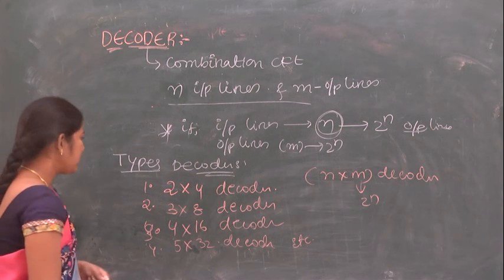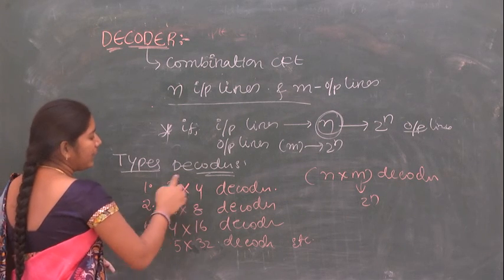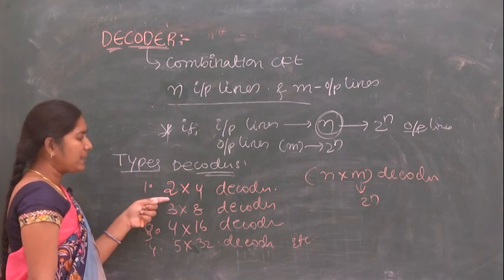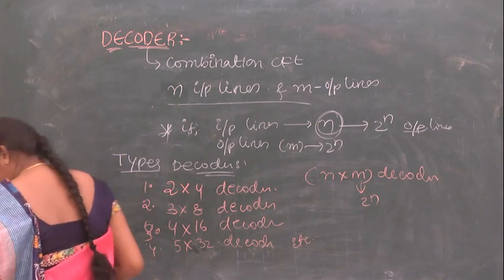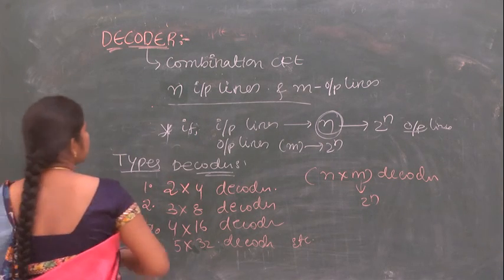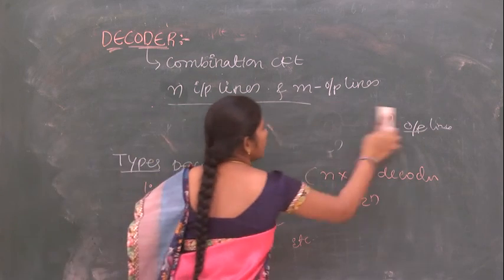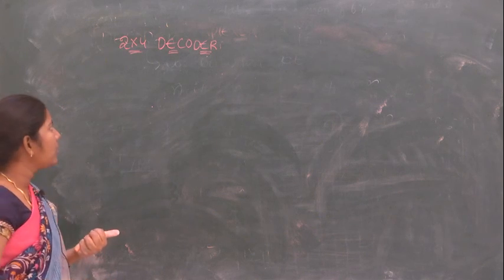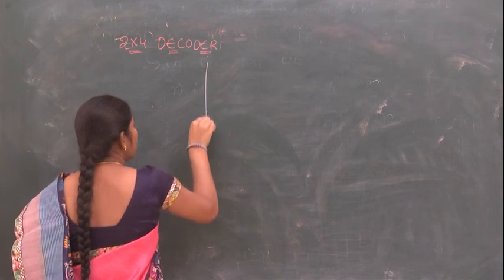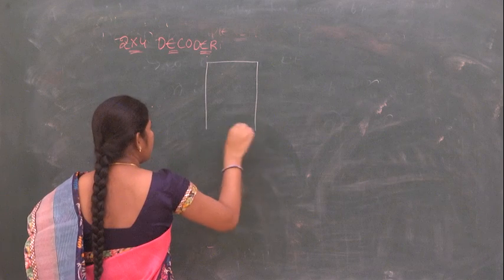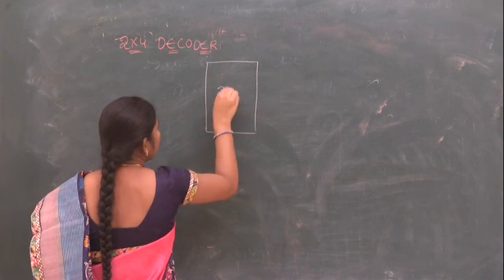Now we need to find a logic expression or logic diagram for each decoder. First I will consider the 2 cross 4 decoder here. As we know, a 2 cross 4 decoder is a combinational circuit, so we can represent it with one block diagram like this.